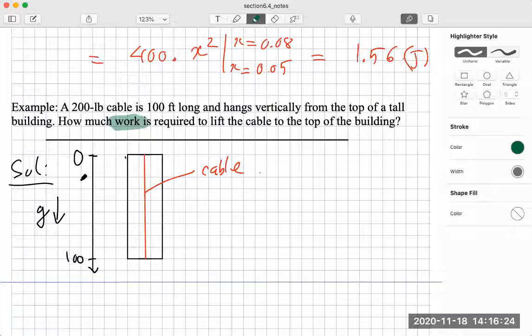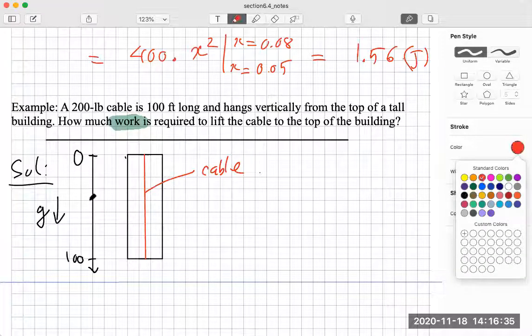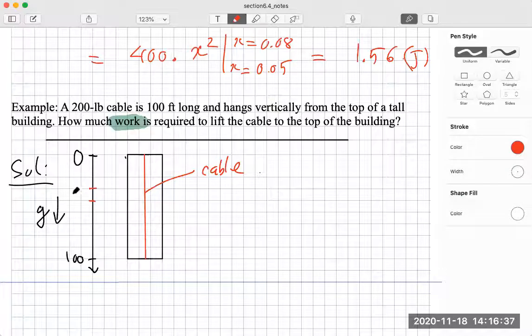Now, if the interval here, we call the intervals xi, and the sample point xi star belongs to this interval. We discretize the domain in x into small intervals.